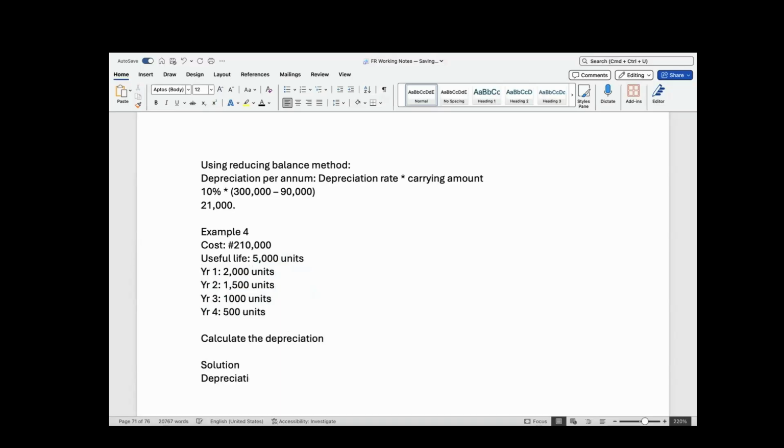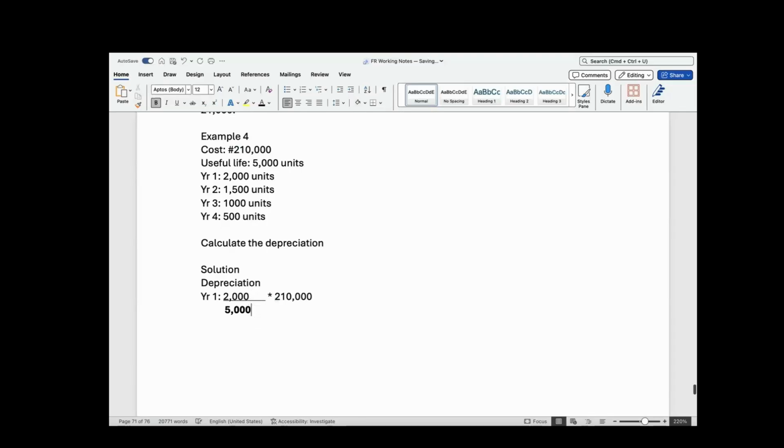In year one, since it can do 2,000 out of a total of 5,000, just multiply it by the cost. If you were given residual value, you multiply it by cost minus residual value. Whatever you get is your depreciation in year one.